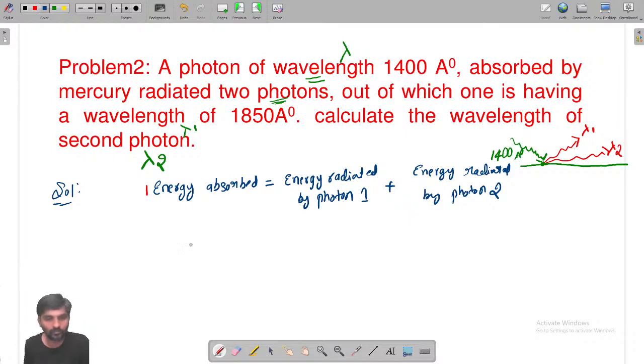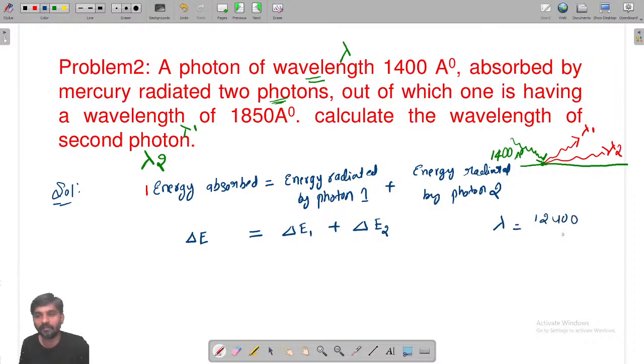So what it simply says is, assume this is delta E. Sir, why are we considering this delta? Because we know the formula: wavelength lambda is 12,400 by E2 minus E1. I can also call this 12,400 by delta E. This is in angstroms, sir.